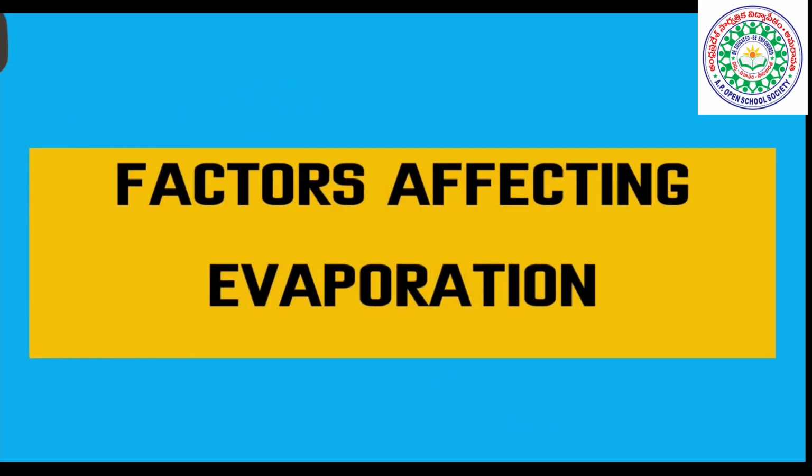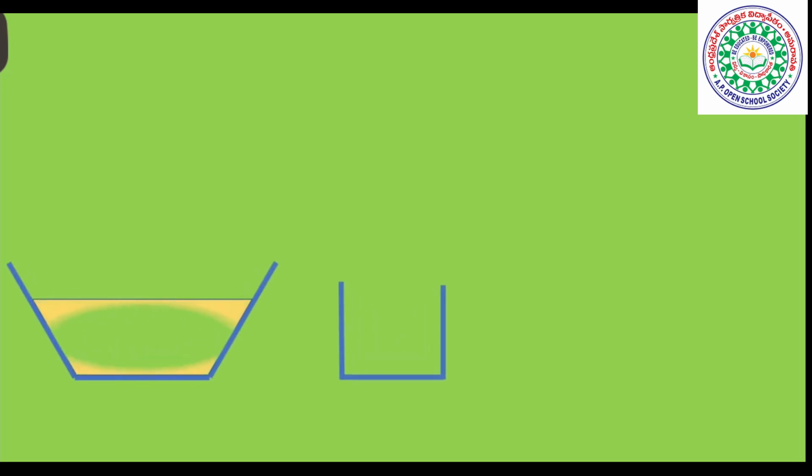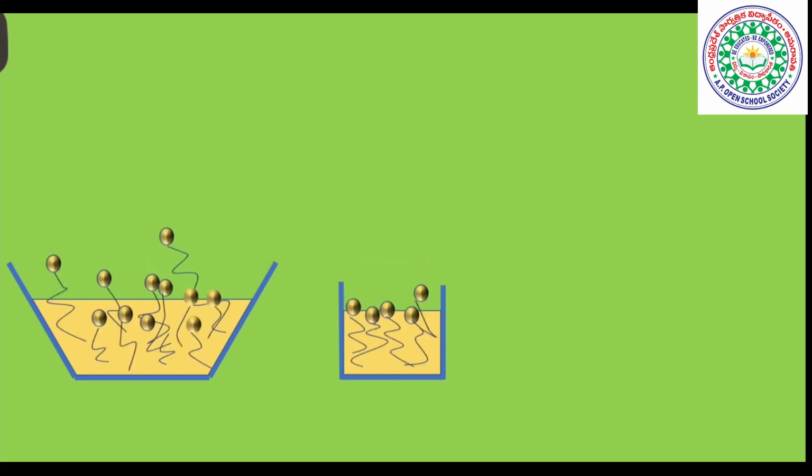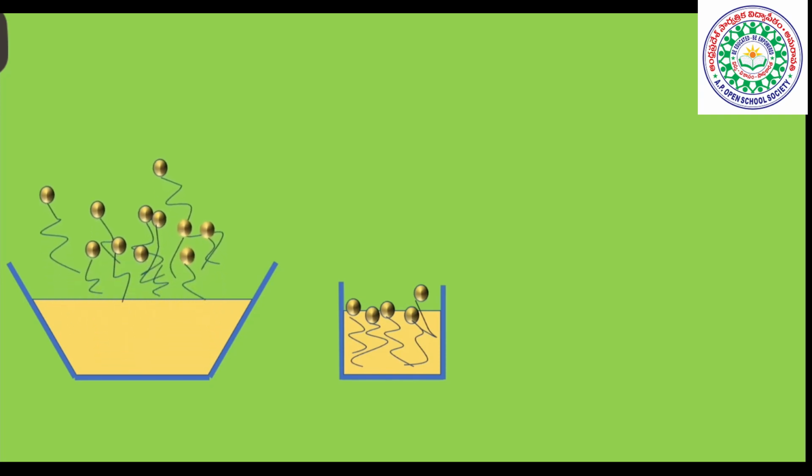Factors affecting evaporation. Consider two containers full of liquid with a difference in their surface areas. As the surface area of the first container is more, a greater amount of liquid particles evaporate when compared to its counterpart with less surface area.